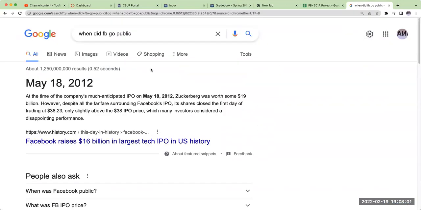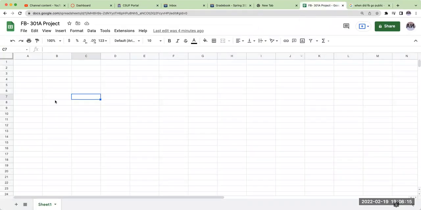Facebook went public on May 18th, 2012. So we're going to start at Facebook's inception, which we may need to look at on the Form S-1.